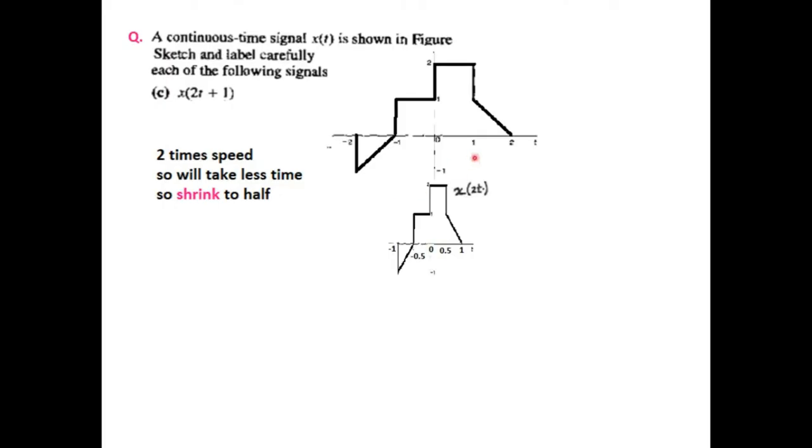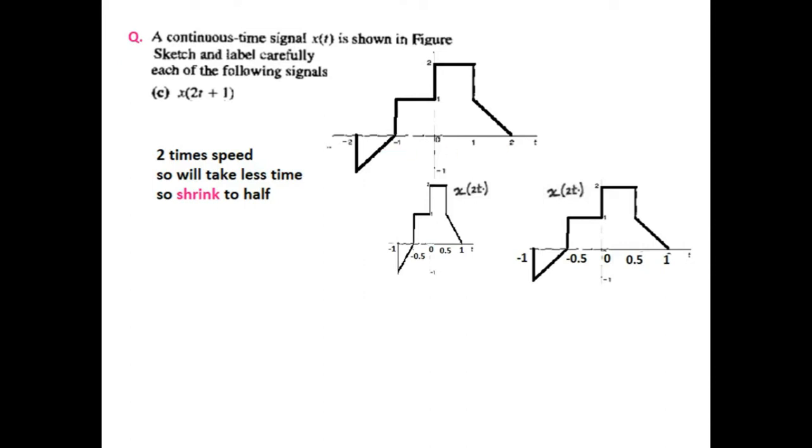So either you draw a reduced or shrunk signal, or you have the same signal but you change the scale to half. So where there was 1, you put 1/2, where there was 2, you put 1. So divide the scale by 2 to get the new scale.